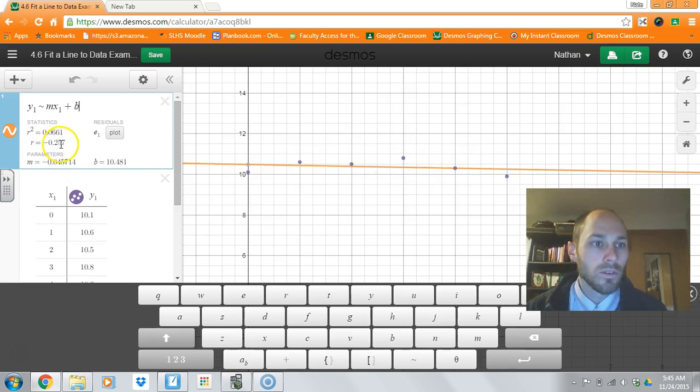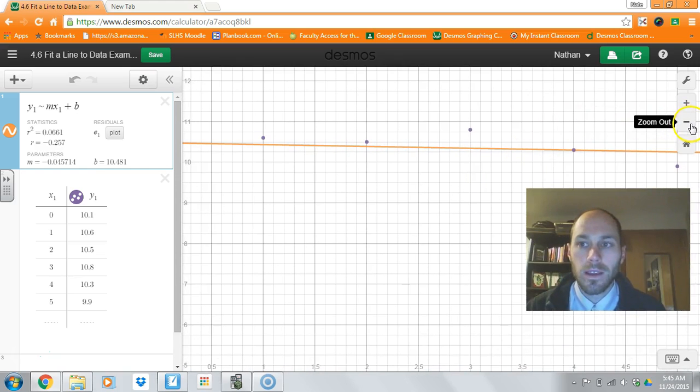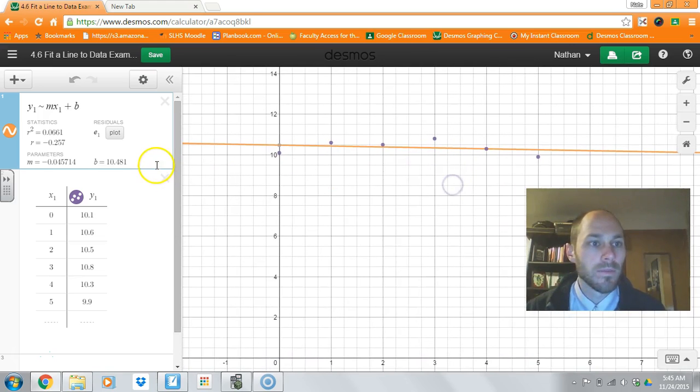It's negative 0.257, which is close to 0. So we'd say this is probably not the best line of best fit. The data really doesn't have a whole lot of correlation. I can zoom in and see that. It has relatively no correlation, we would say. So it wouldn't be very trustworthy.